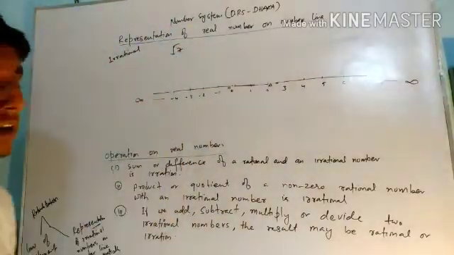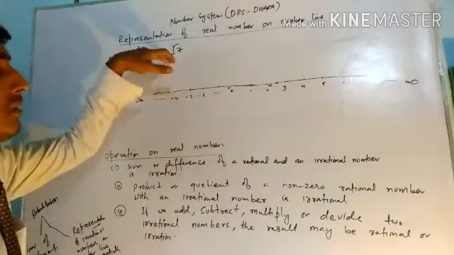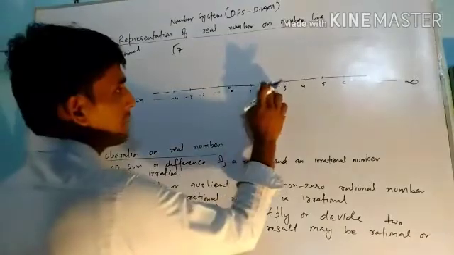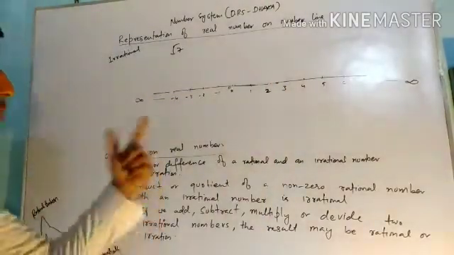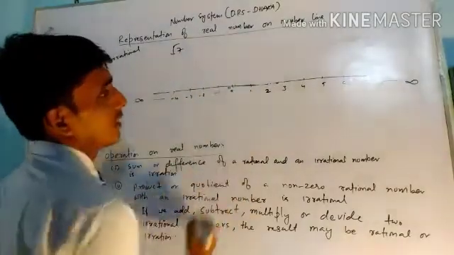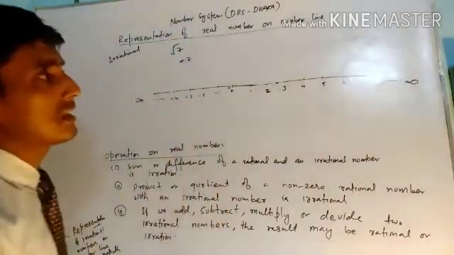Root under 7 is a non-perfect square. 7 is a non-perfect square, therefore it is an irrational number. And now we have to represent this root under 7 on the number line. So what we do, our number is 7.